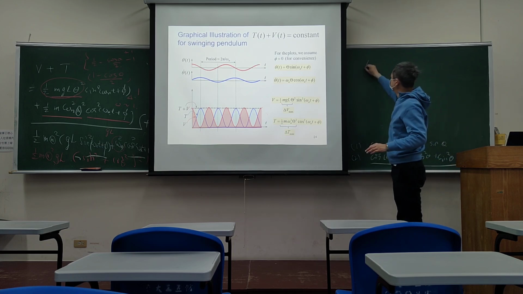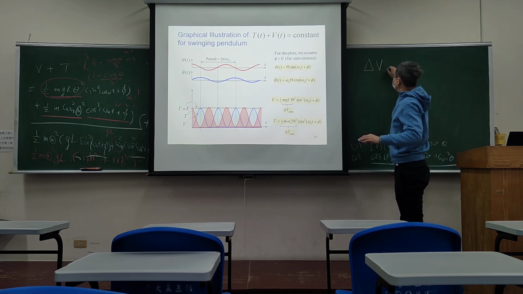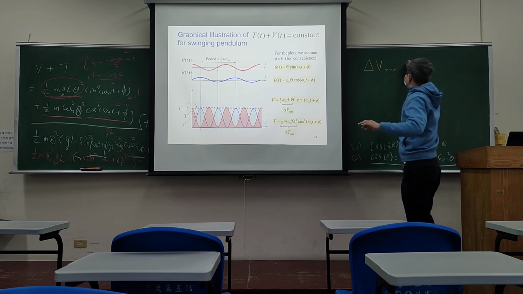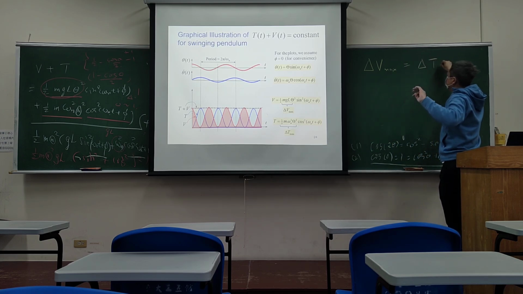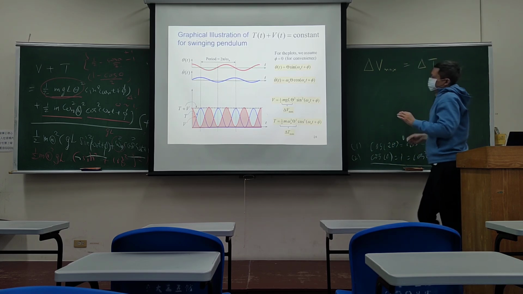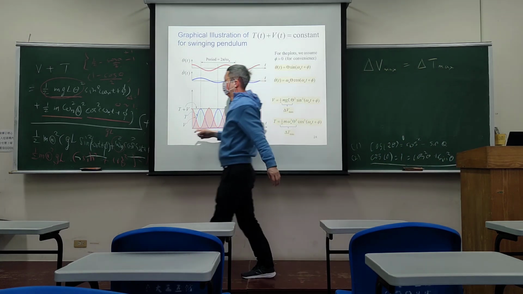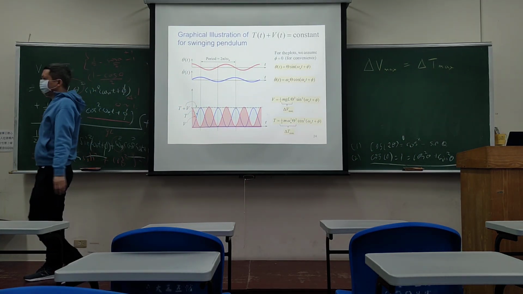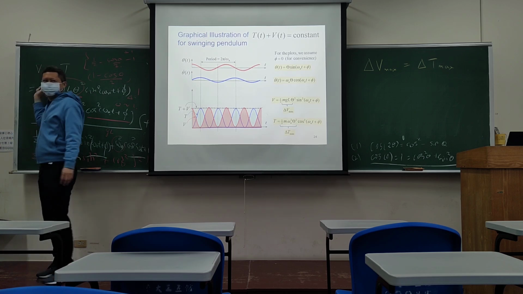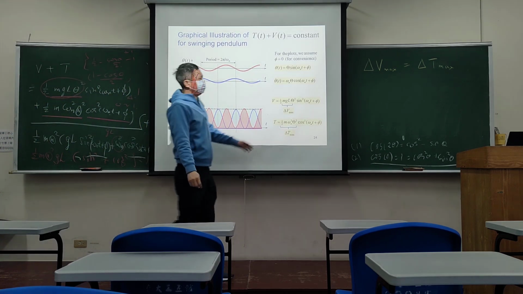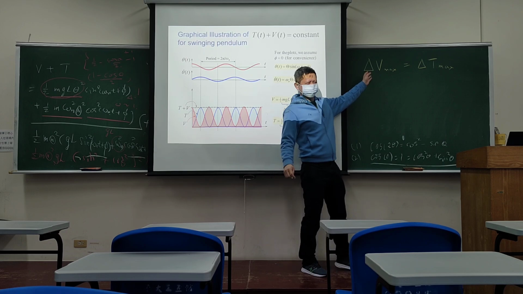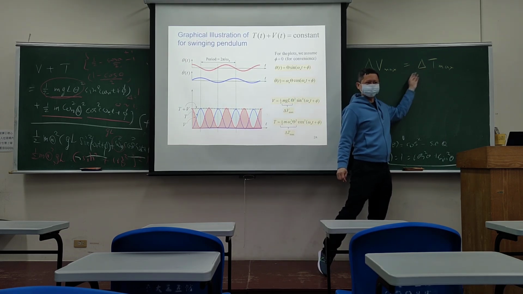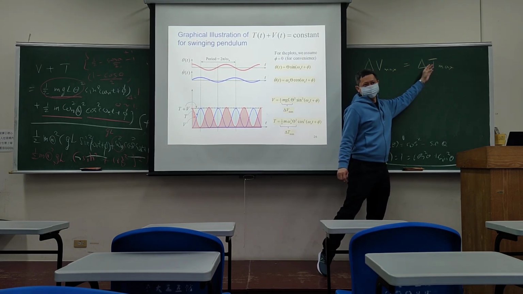Going to apply the Rayleigh method. The Rayleigh method tells you that you can determine the resonant or natural frequency by setting the change of the potential energy equal to the change of the kinetic energy.